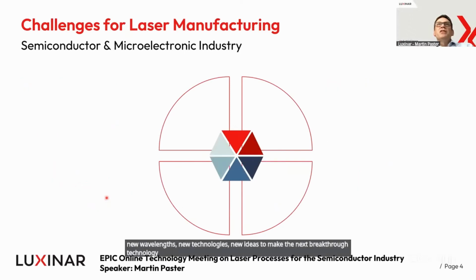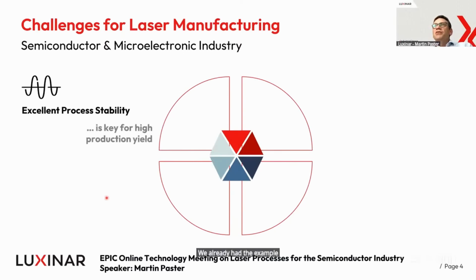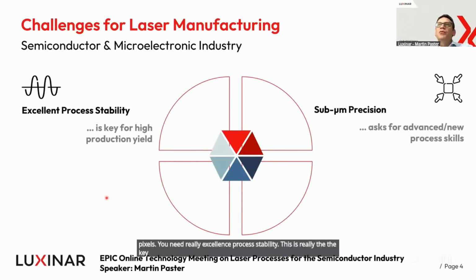And what does this now mean for the laser manufacturer? We already had the example with the LED screen with the 25 million pixels. You need really excellent process stability. This is really the key for the yield in the production.